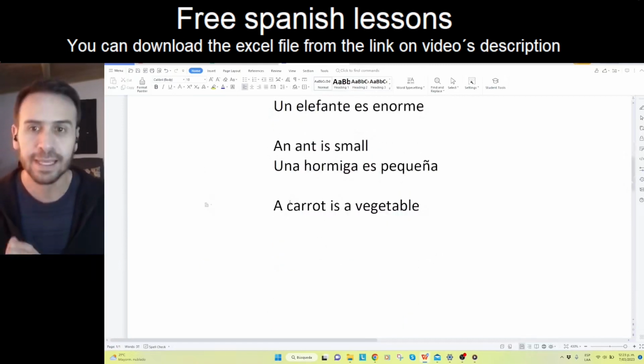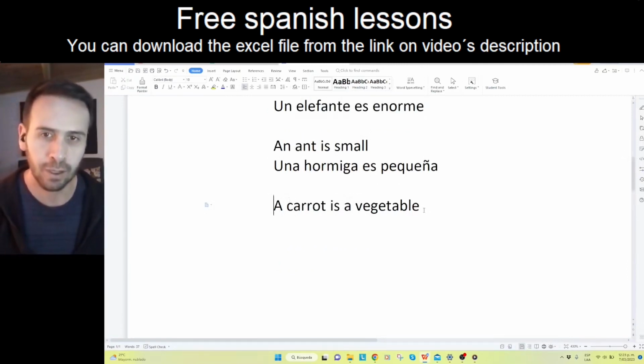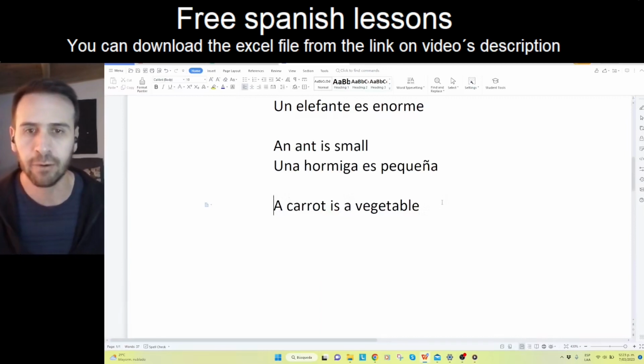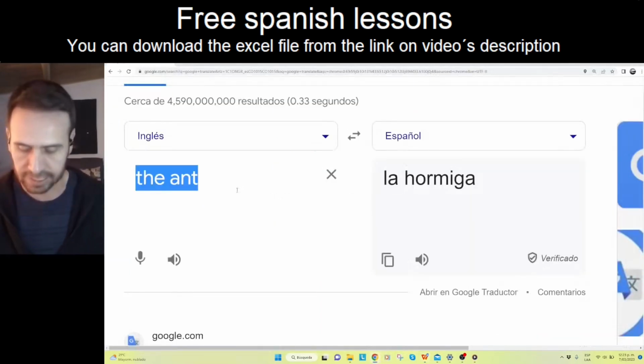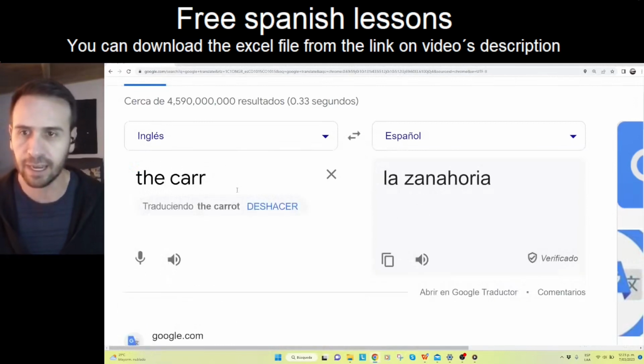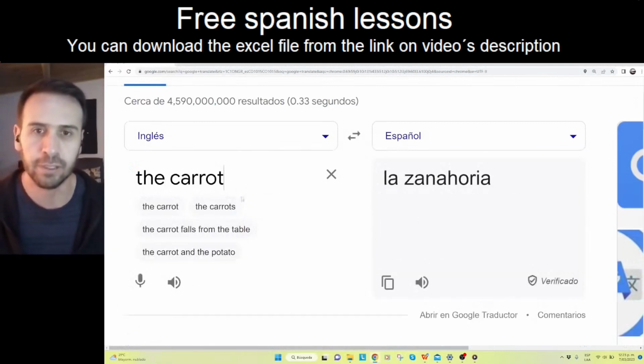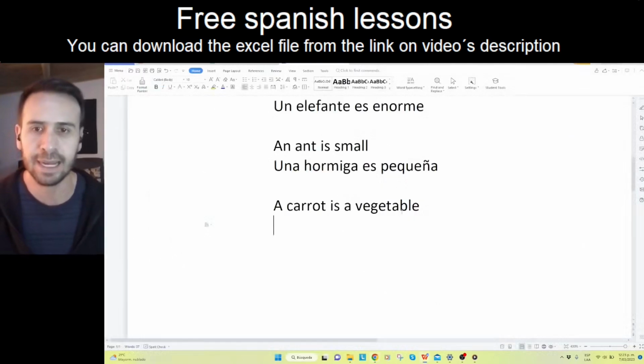And the last one, a carrot is a vegetable. In this case, we have one noun and another noun. So a carrot, let's look in Google Translate. The carrot is female, la zanahoria.